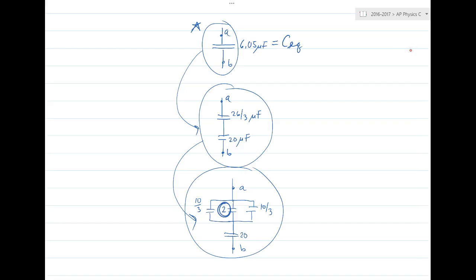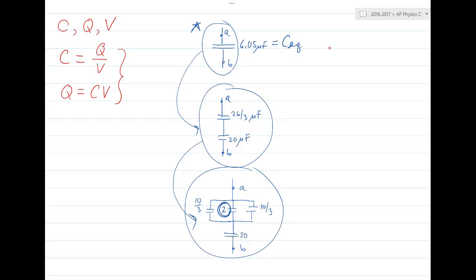And there's actually 3 quantities that we need to know. We need to know capacitance, we need to know charge, and we need to know voltage. And the equation that ties all three together is C is equal to Q over V, or Q equals CV. So we can use either of those.